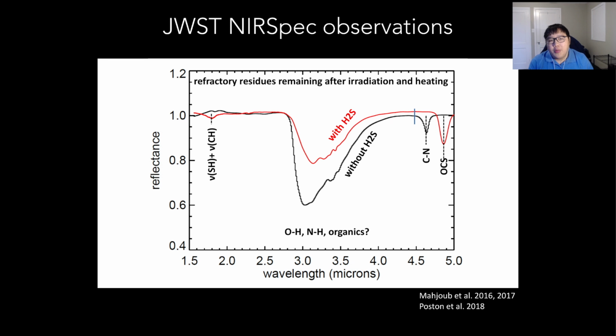NIRSpec observations will open up this region of wavelength space for the first time, allowing us to probe these putative absorption features, and positive detection of this OCS feature on red Trojans in particular would immediately confirm the presence of sulfur chemistry on the surface and validate the dynamical instability model of solar system evolution.